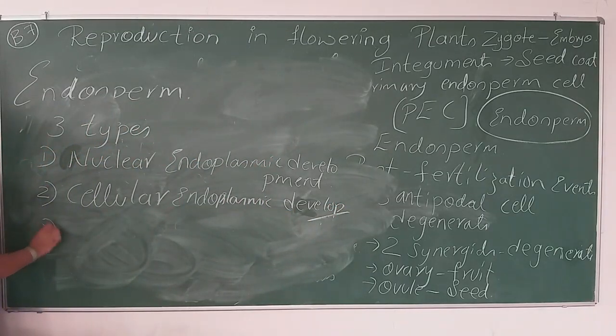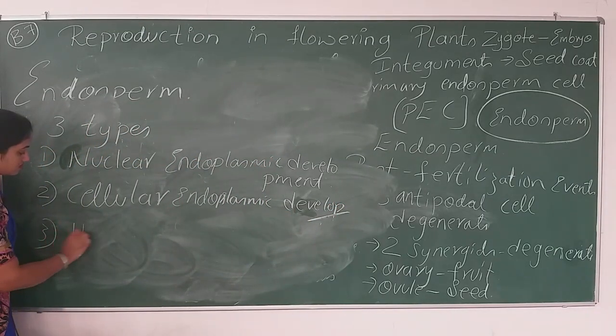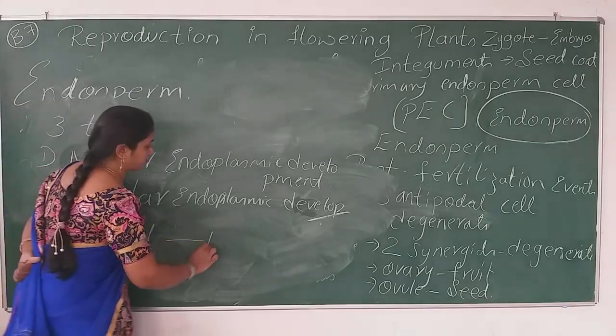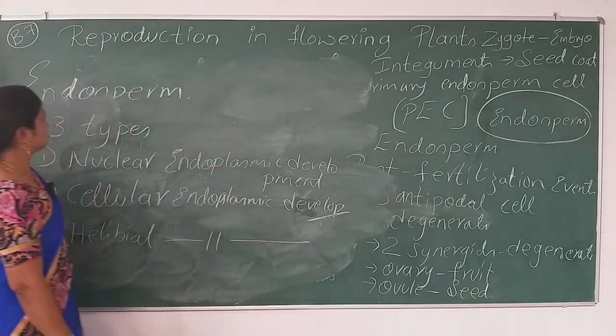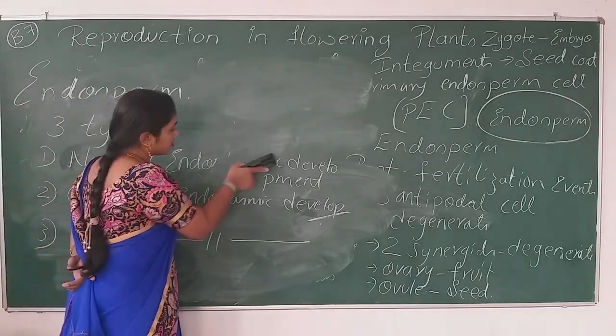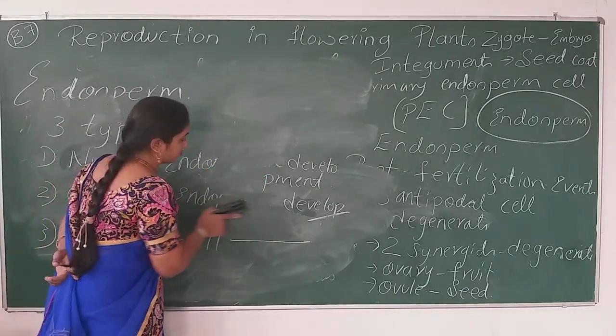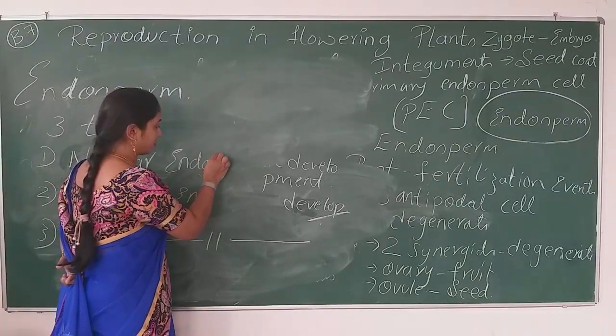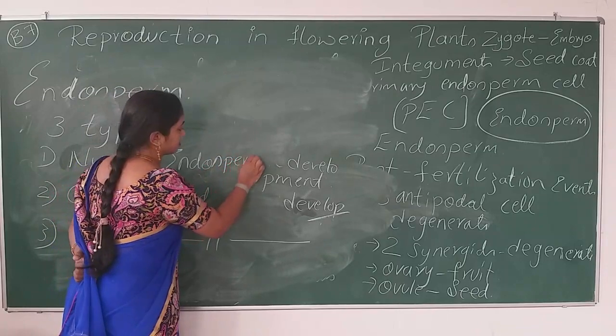And then the third one is helobial endospermic. Make it correct, it is not endoplasmic, it is endospermic.